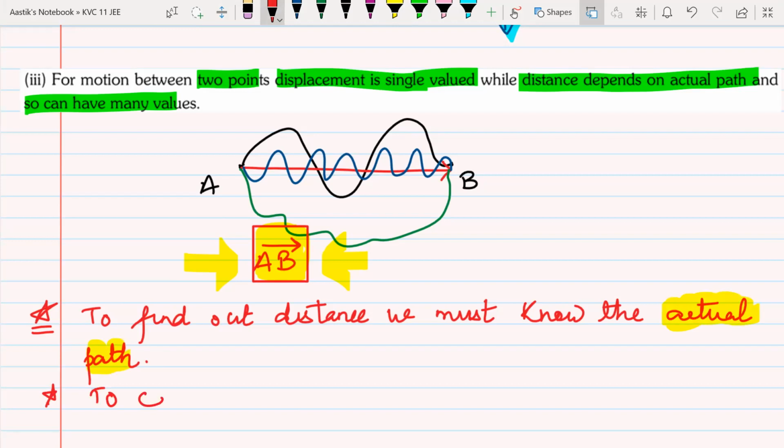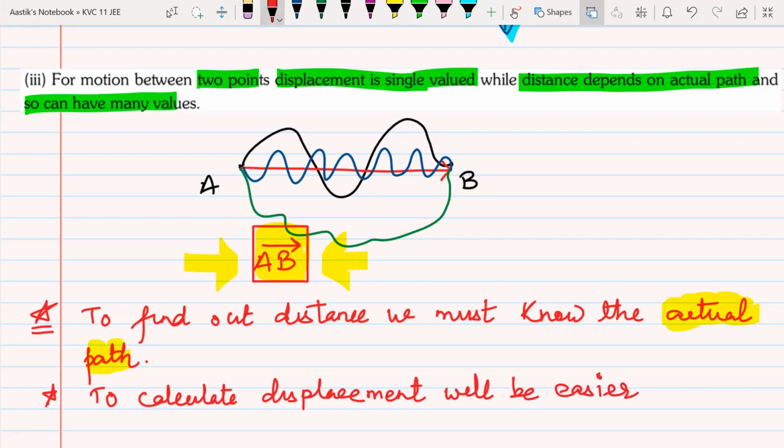That means I can write it as the second point. To calculate displacement will always be easier as compared to calculating the distance, because if we have to calculate the distance, we will have to know the actual path, and that actual path may be very complicated.